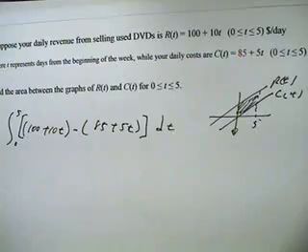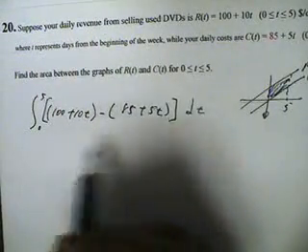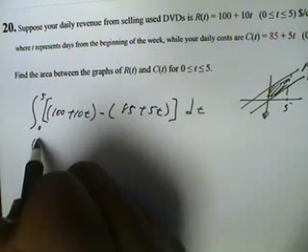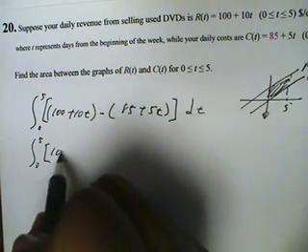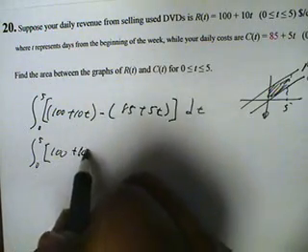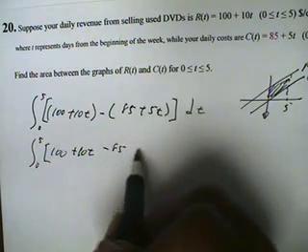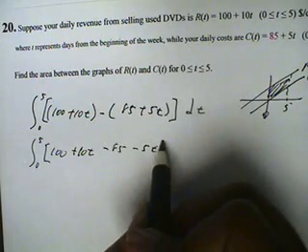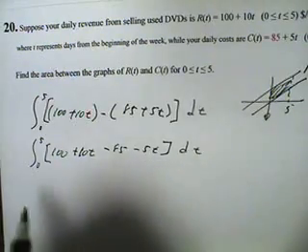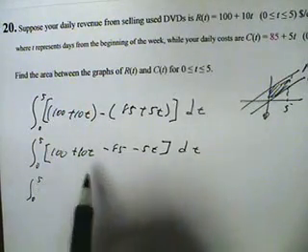Okay, so let's clean this up a little bit. We'll keep the overall bracket and make this 100 plus 10t, and this a negative 85 and a negative 5t, bracket dt. And then we'll combine like terms.